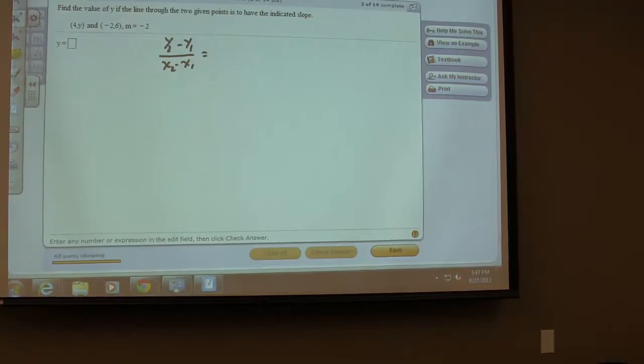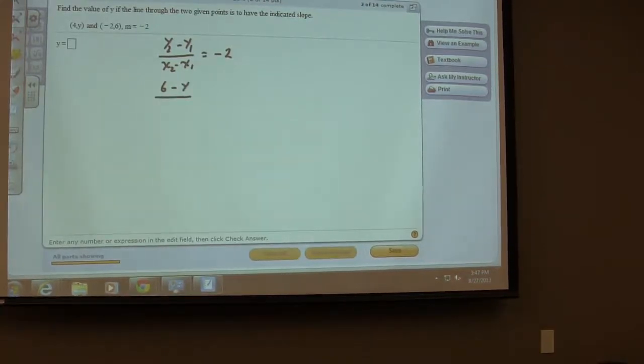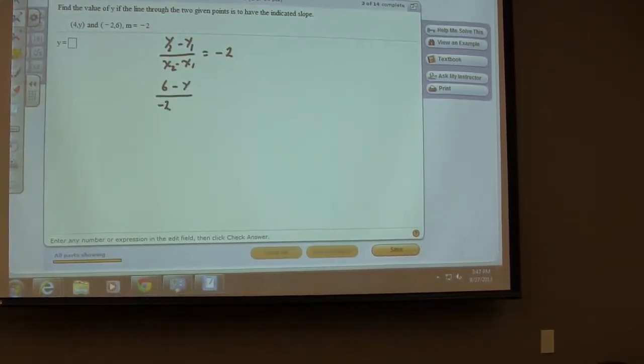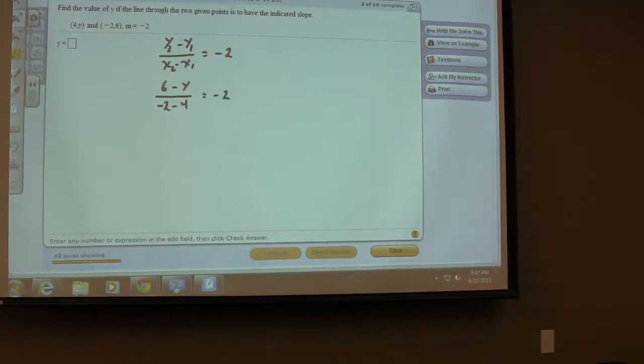But I know now that it equals -2, don't I? Well, let's fill it in. y2 is 6. y1 is that one we don't know. That's just y. x2 is a -2. And x1 is a 4. But it equals -2. Well, let's see. That's 6 minus y on the top. But -2 minus 4 is -6.